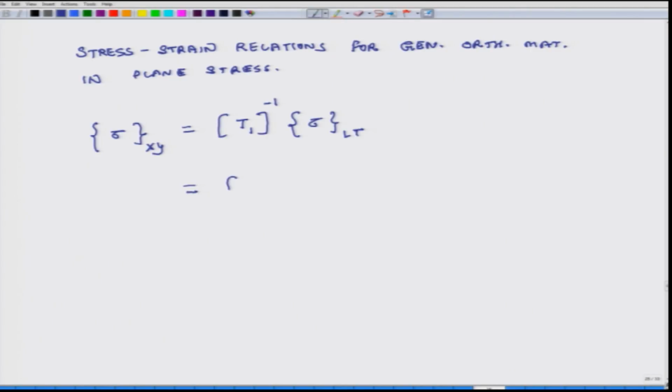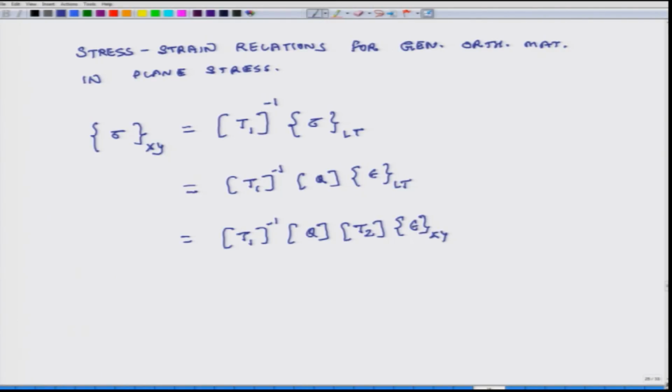So, this is equal to the inverse of T1, and sigma LT is the Q matrix times the strain vector in the LT coordinate frame. And now I transform the strain vector in the LT frame to strain in the xy coordinate frame. So, this is equal to T1 inverse Q T2 epsilon in the xy coordinate frame.